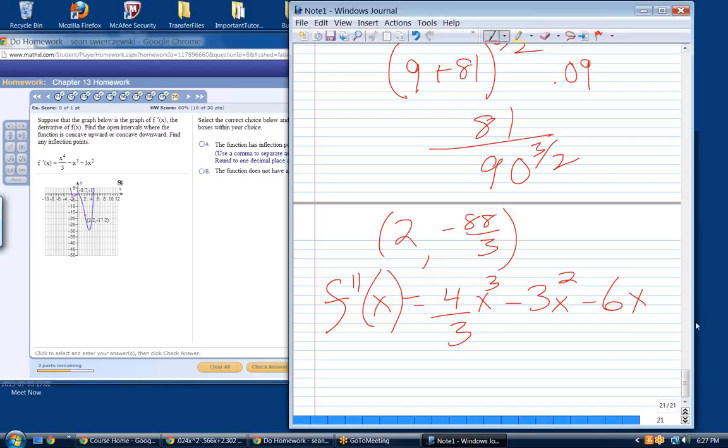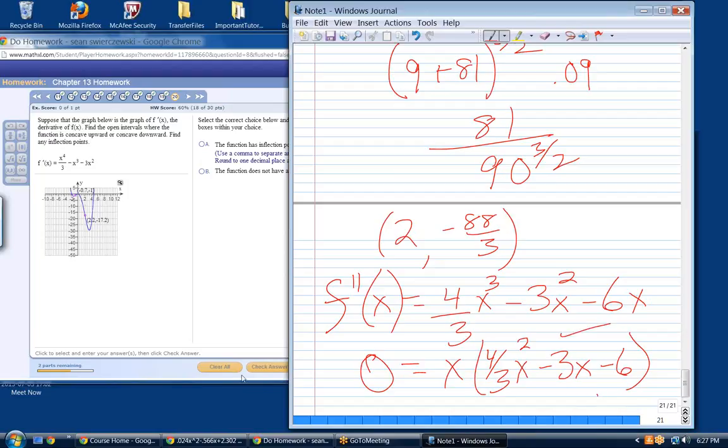We want all values where this is equal to 0. Well, one thing I can do is factor out an x. What I'm left behind is a quadratic. Clearly when x is 0, we have one inflection point. And then the two solutions for this.